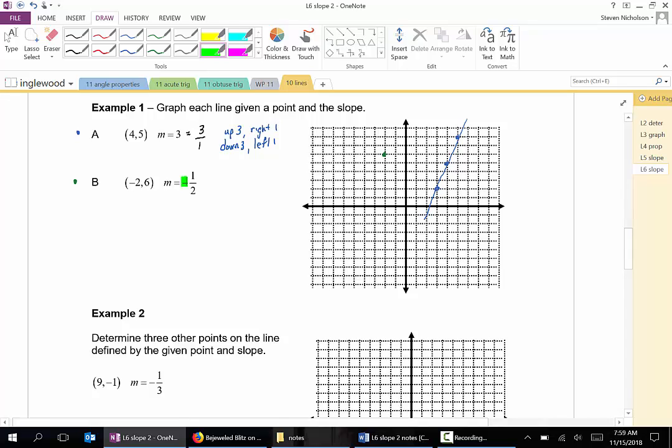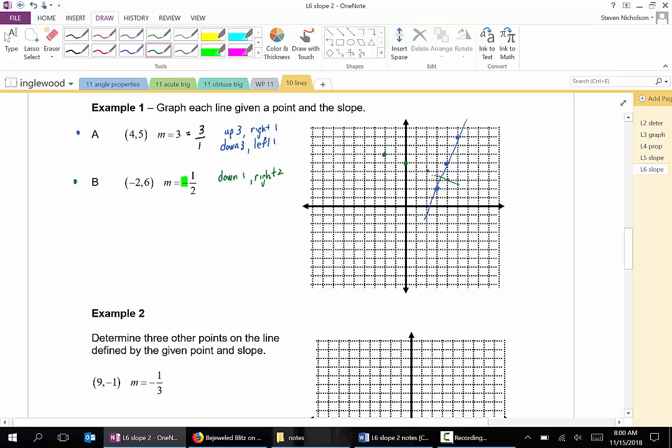So given that we know a negative slope goes down from left to right, that's all we could do. In this one right here, what we could do is imagine going down 1 and right 2. And if we went down 1, that's our negative, and right 2 would be there. And if we connected those dots, we would have a negative slope.